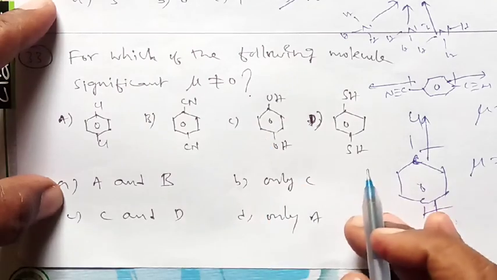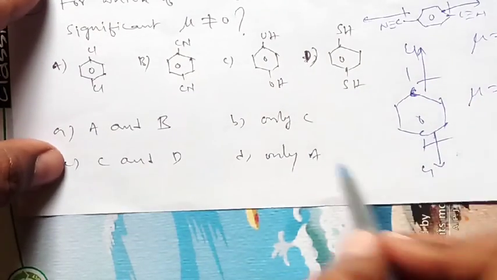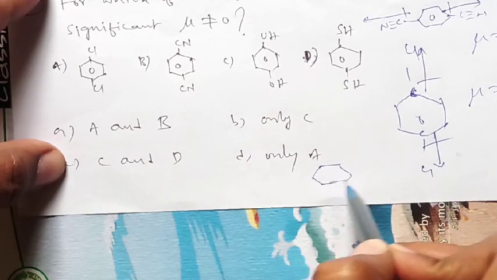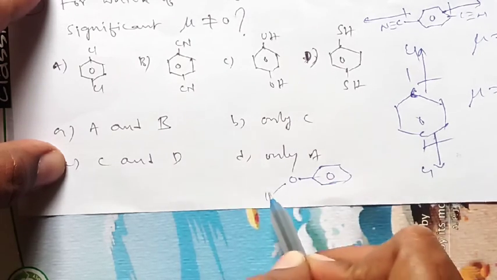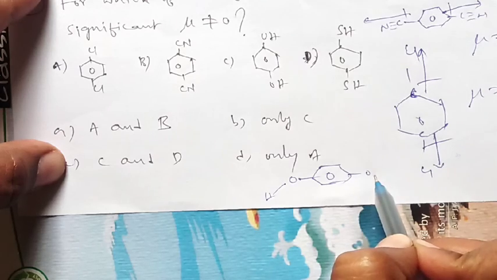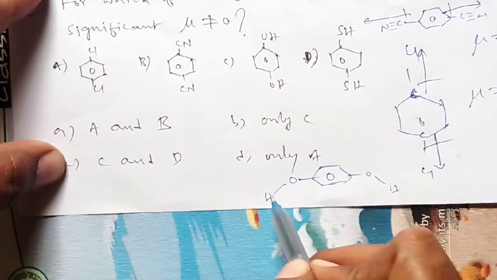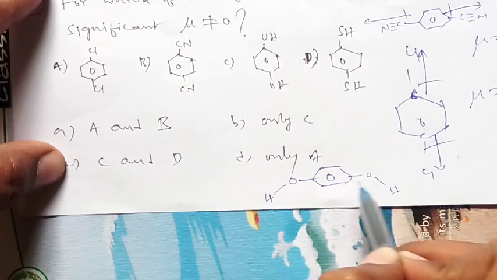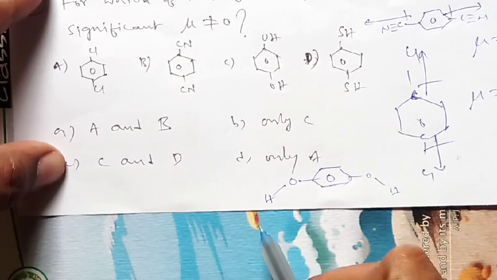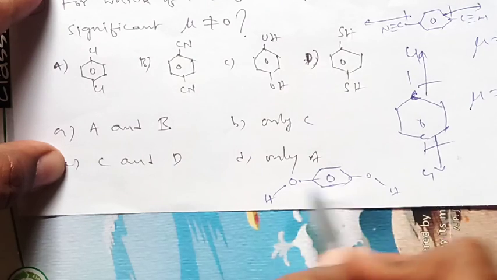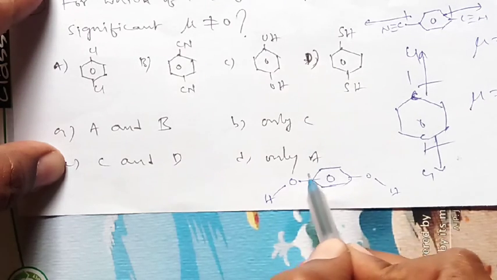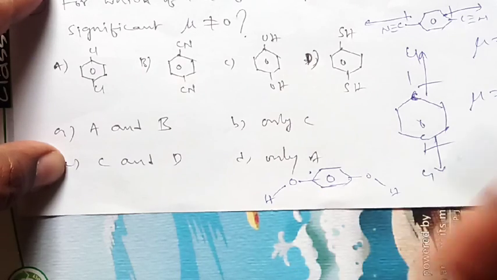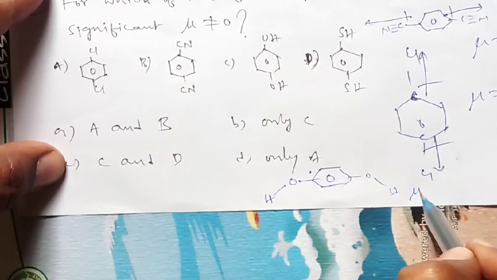If you observe the next one, what is the structural observation? Observe here, this is the structure of OH. Sometimes this H may be present in this way, or in this way, or downward on one side, upward on the other. So based on the arrangement of the structure, the dipole moment is definitely not equal to 0. Definitely something will exist, so here mu is not equal to 0.